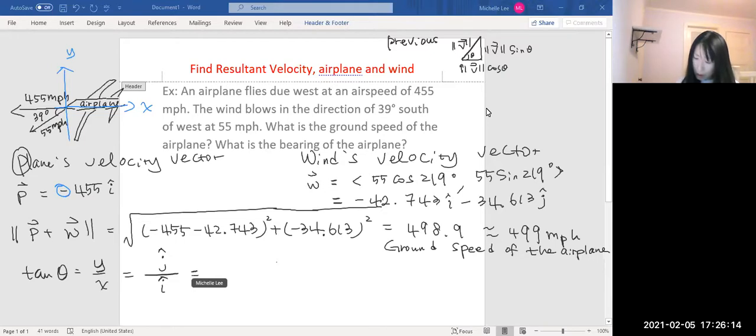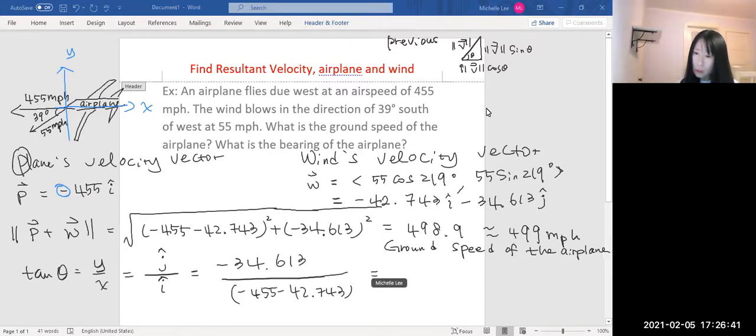So j first, j is negative 34.613, over i, which is negative 455. Then we get 0.06954.